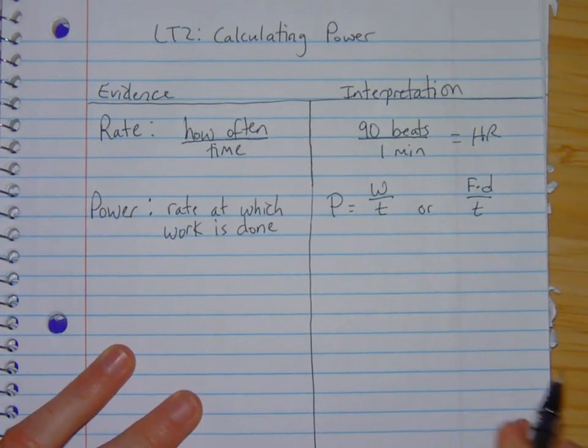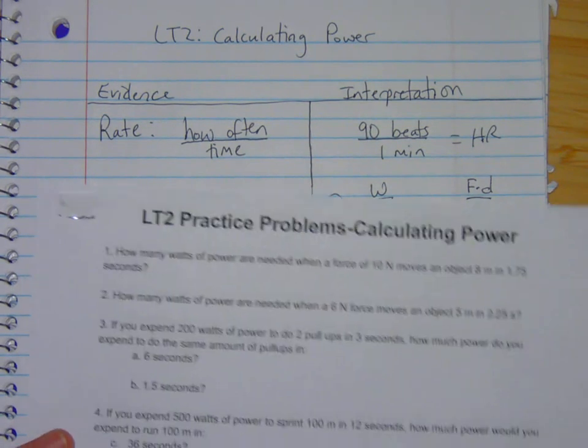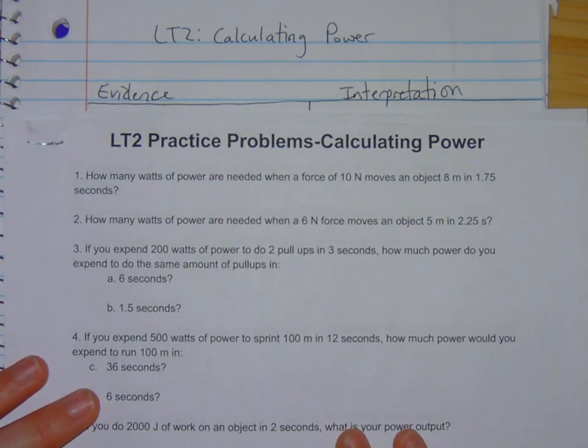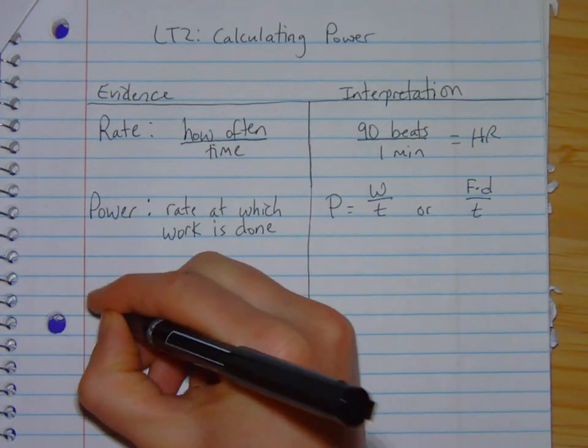Those are the same thing. Beyond this is the idea of our practice problems. Our practice problems, LT2, calculating power, and we'll put 1 or 2 in the notes here.